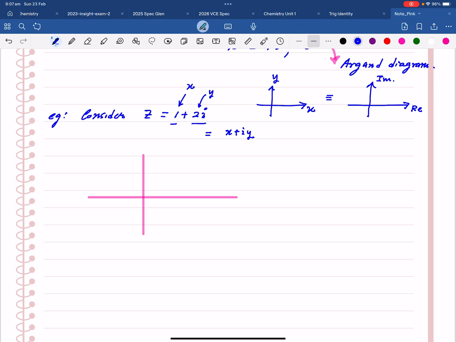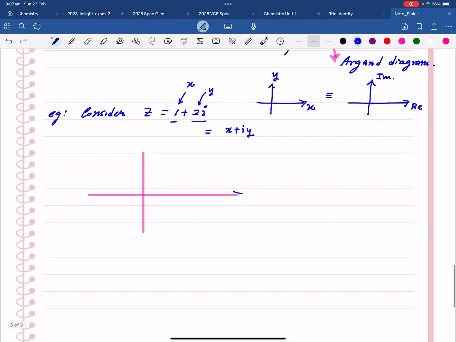So x is the real one, which I'm going to represent here, and the imaginary part here. Now, the x value is 1, so it's here, 1. Now, this is imaginary. The imaginary part is this 2i part, and the length in that direction is 2. This is the point.